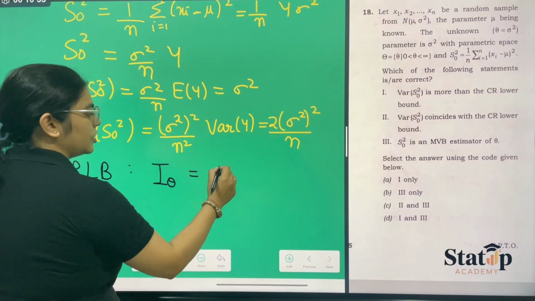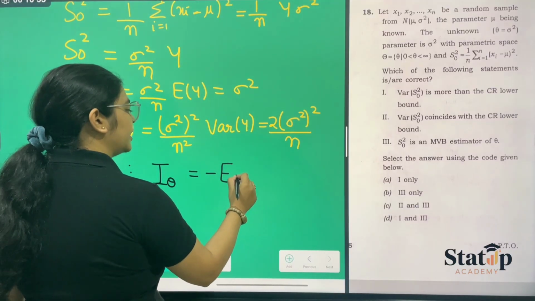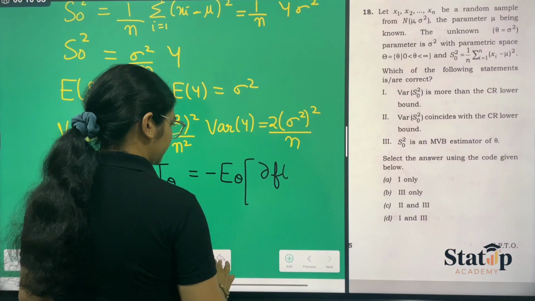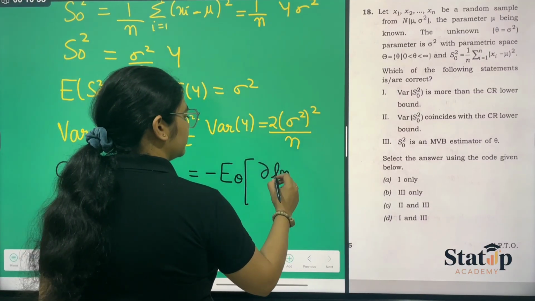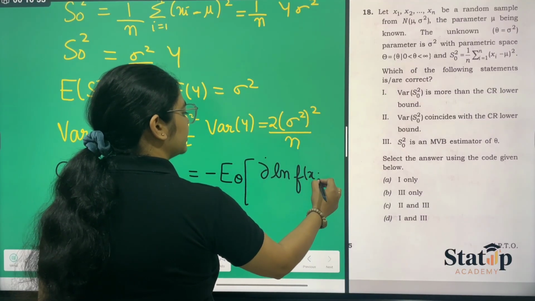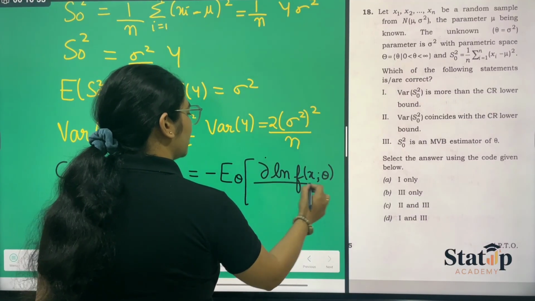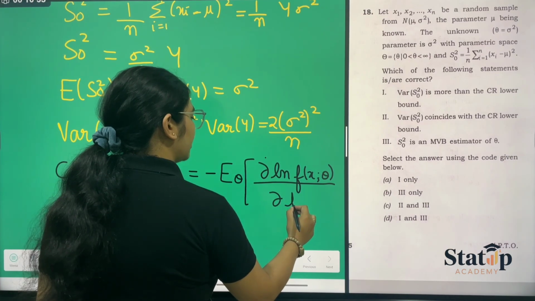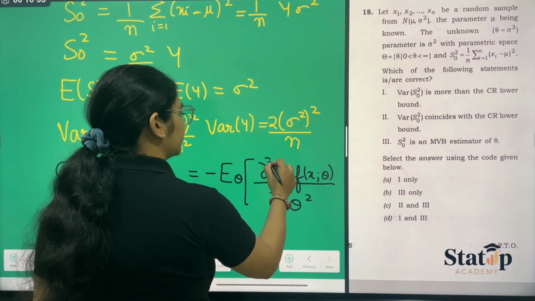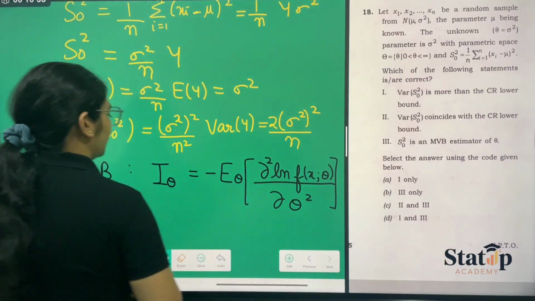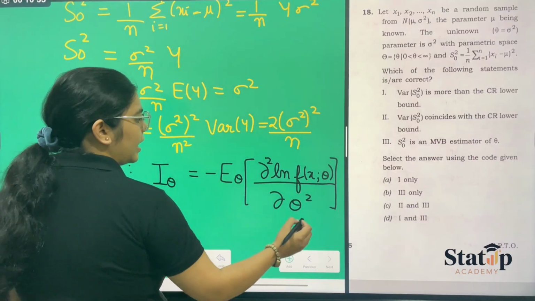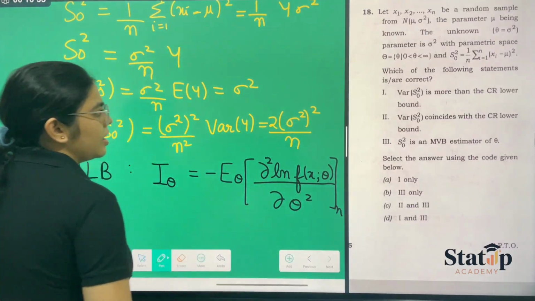The Fisher's information is minus the expectation of the second derivative of ln f(x, theta) with respect to theta square. Here we will be calculating it under the sample size n.